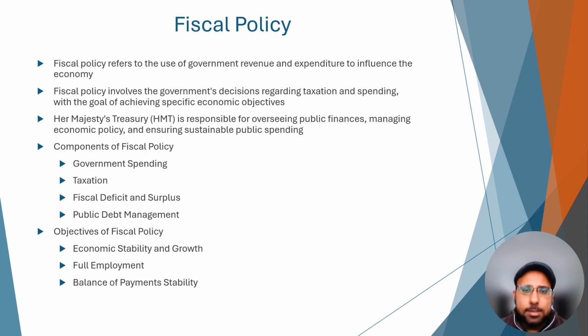So in essence, that's the basics at the moment of fiscal policy, predominantly here in the UK. How is it structured? What are the main components of the policy? How we're going to go about spending, as well as collecting taxes, and what are the overall objectives.